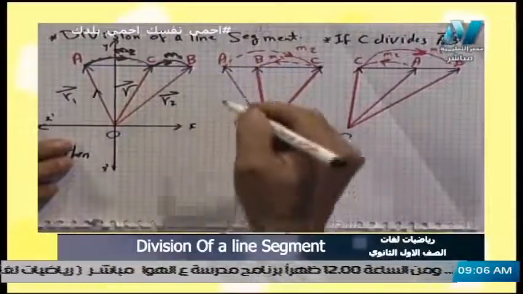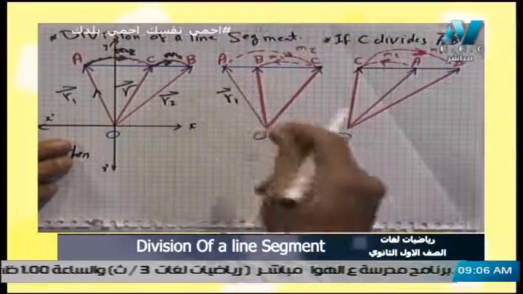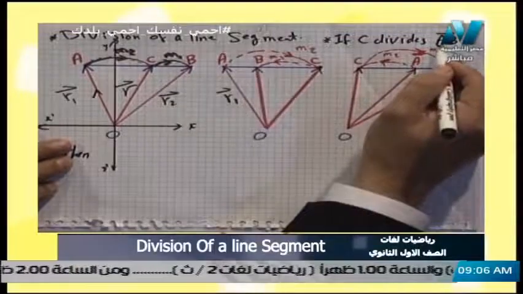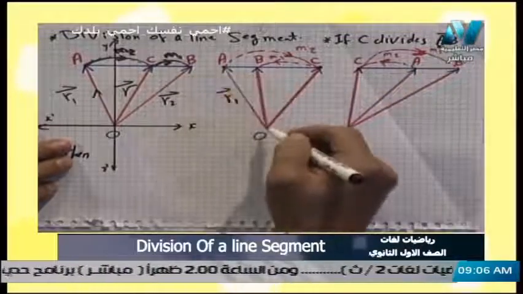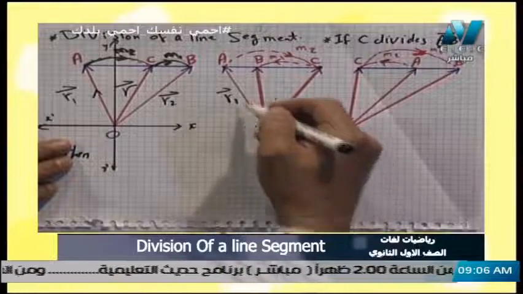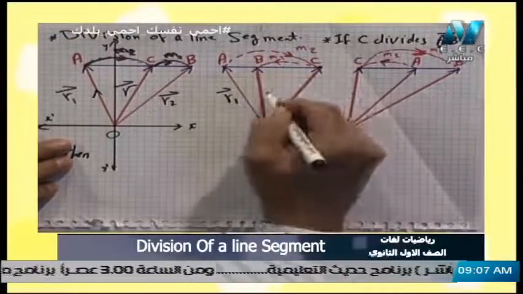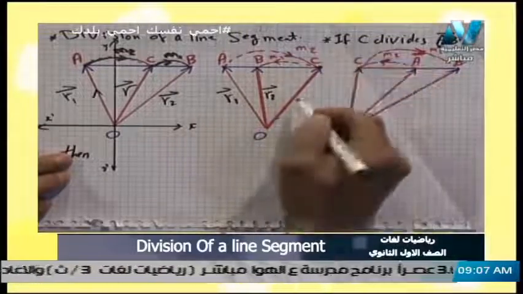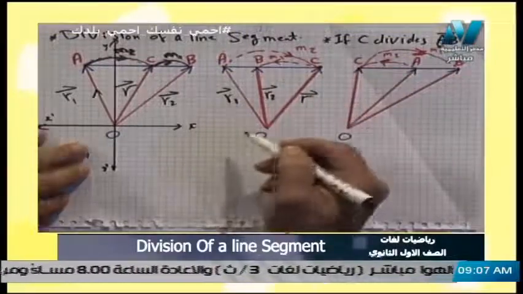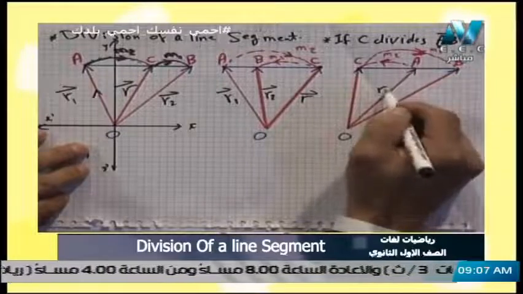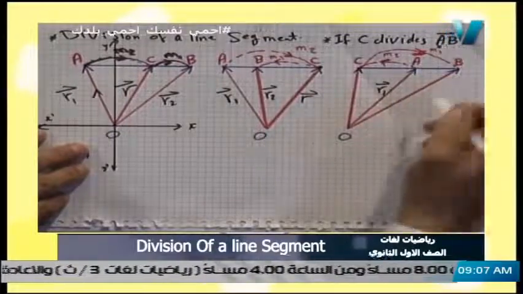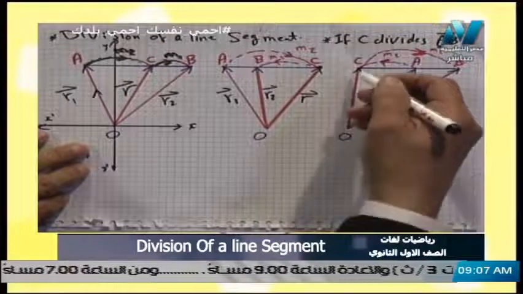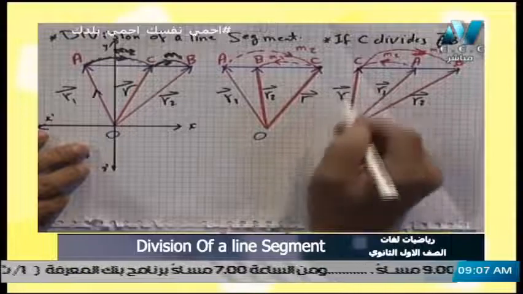OA we call R1 all the time, the start of line segment AB. If we start with A, then A will be the vector R1, and B will be the vector R2, and OC is the vector R. Here also the vector R1 is OA, OB is the vector R2, and the vector OC is the vector R.